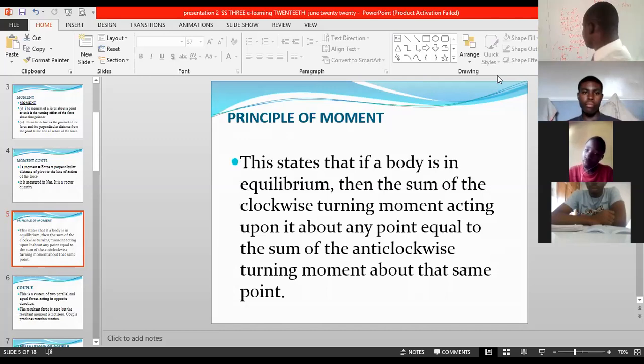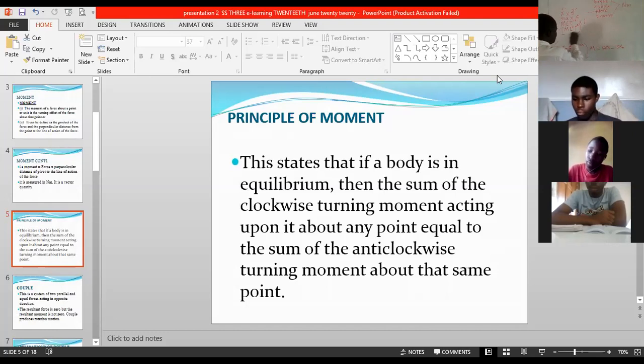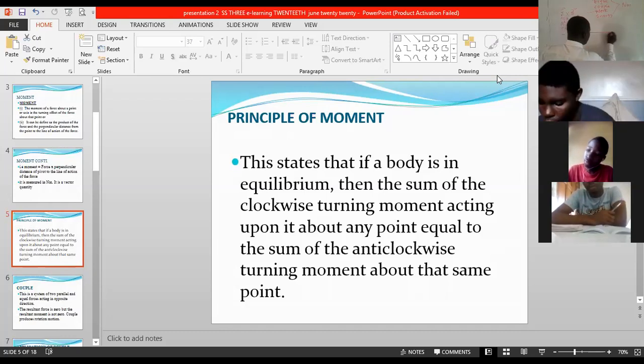What he's saying here is this diagram I drew earlier. The sum of the clockwise moment is equal to the sum of the anti-clockwise moment. Now look at it.